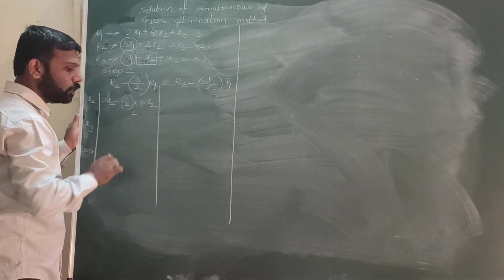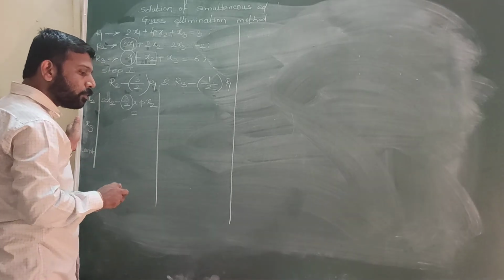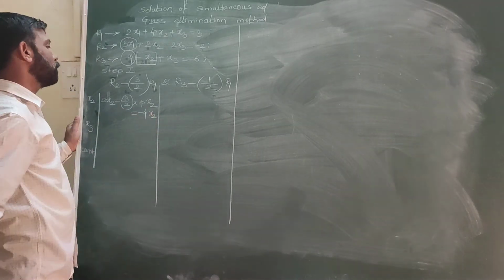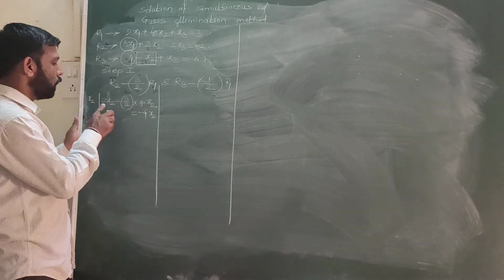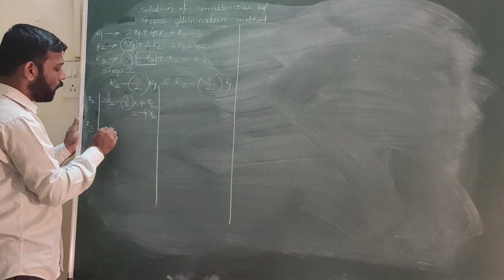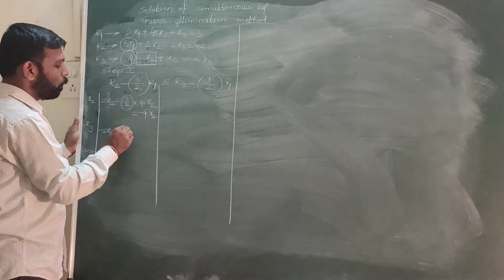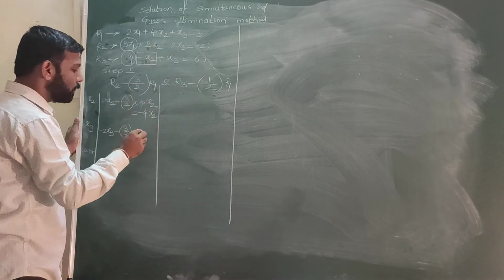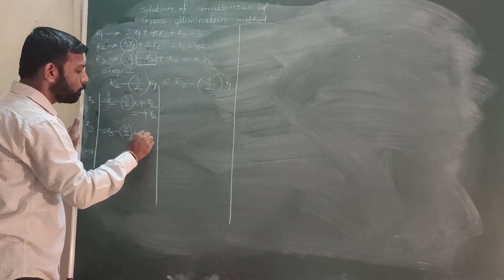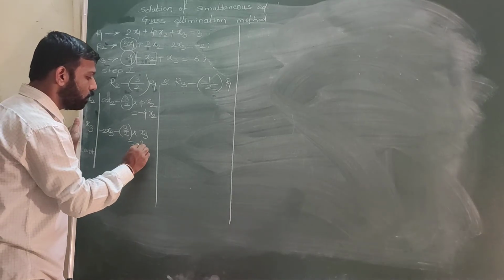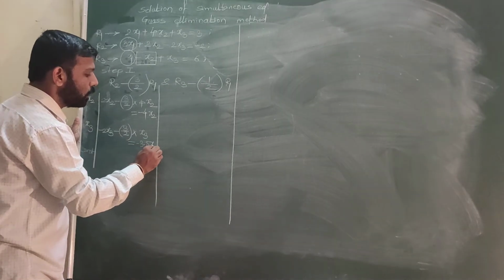So the output of this is minus 4x2. Next, the x3 coefficient: 2x3 minus the multiplying factor into its x3 coefficient, which equals the output minus 3.5 x3.